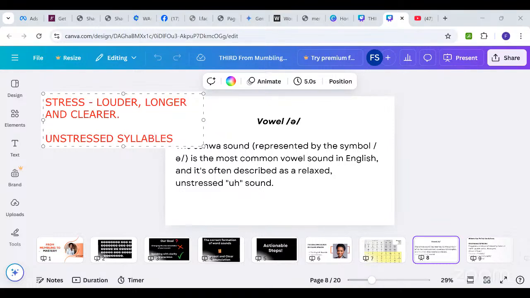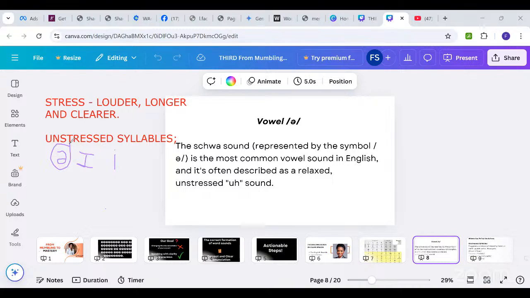So when we have an unstressed syllable, the vowel in that unstressed syllable is either reduced into a schwa, or it is reduced into the A sound, or sometimes the short E sound. But the common one is the schwa sound, which is the one we are focusing on today.